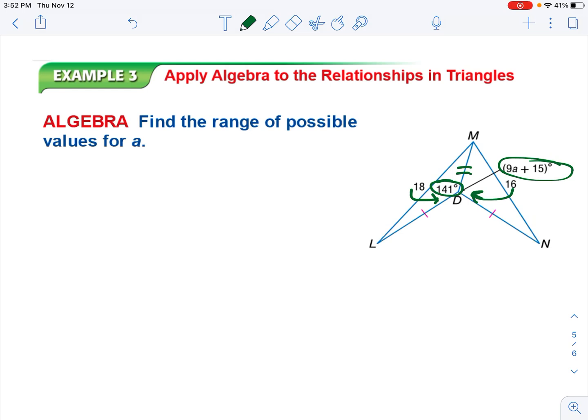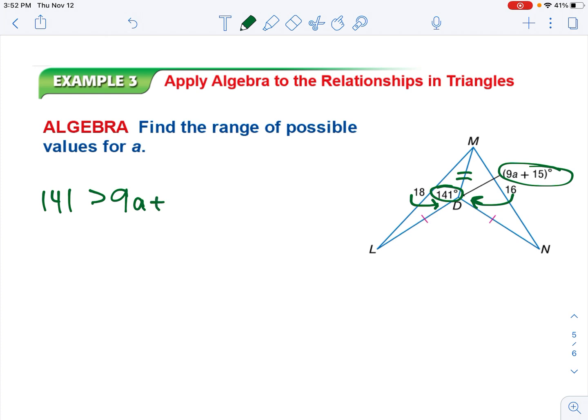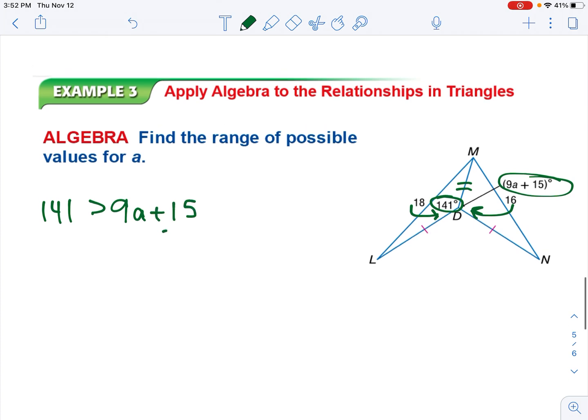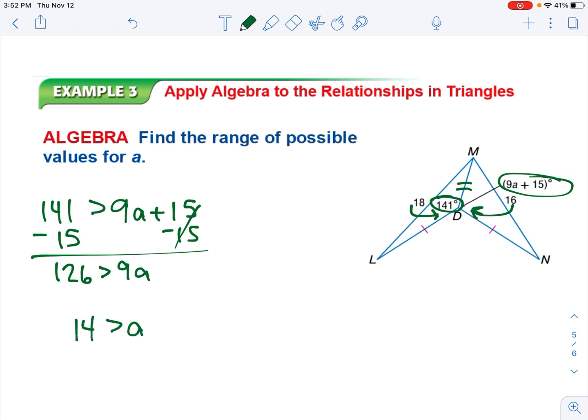The opposite side of 9A plus 15 is 16 long, which means 141 is greater than 9A plus 15. And then we can go ahead and solve. So 14 should be greater than A.